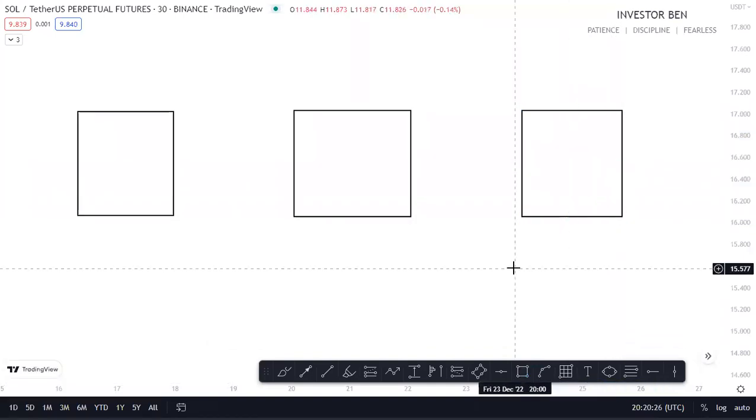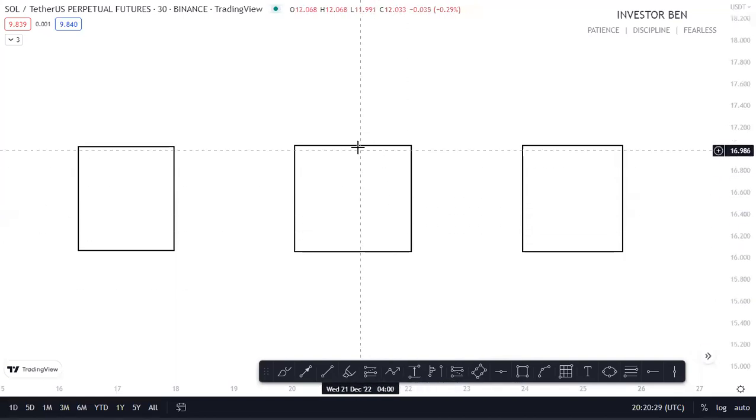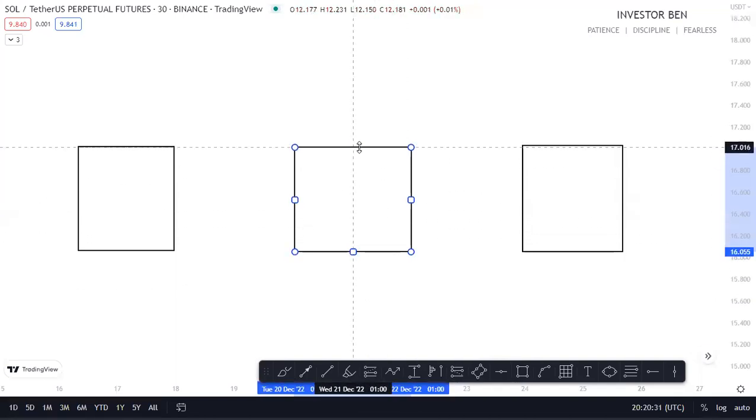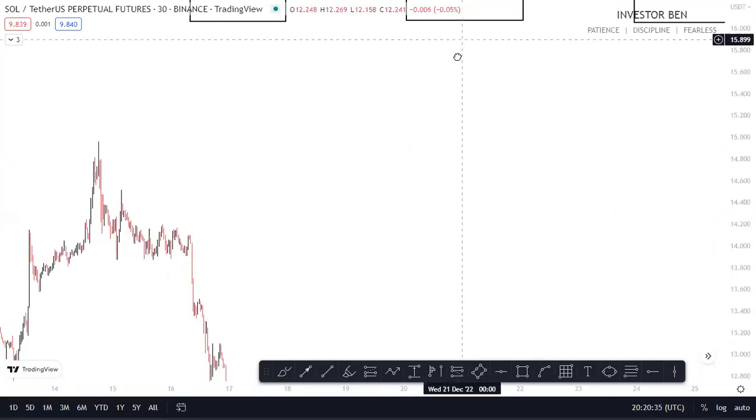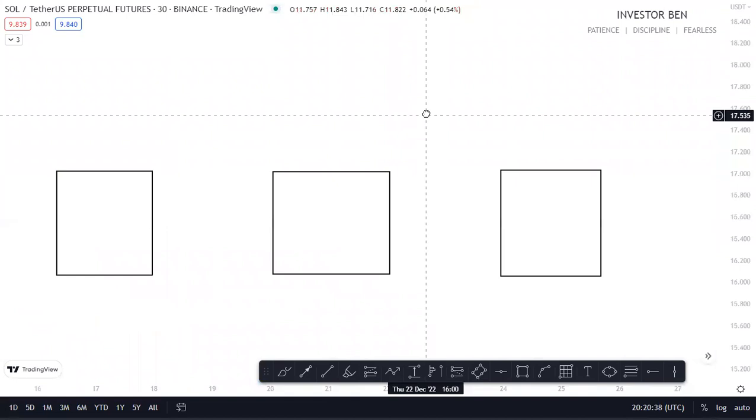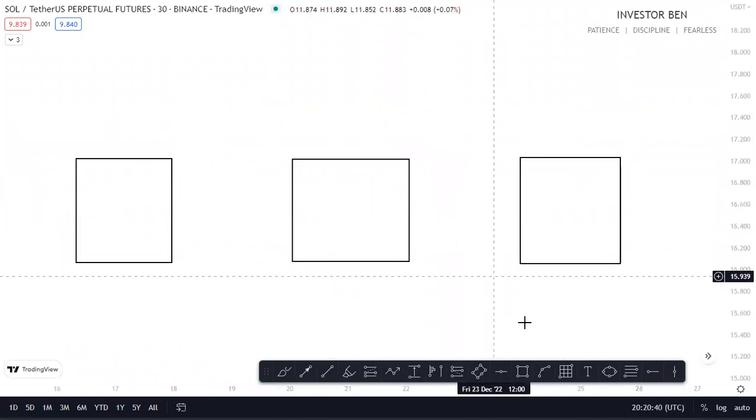Structure, liquidity, and order flow. So when you go to your live charts, you are likely going to consider these three things before you start placing your trade.